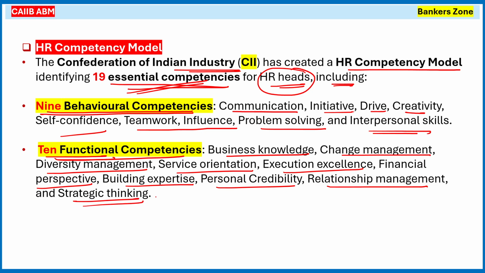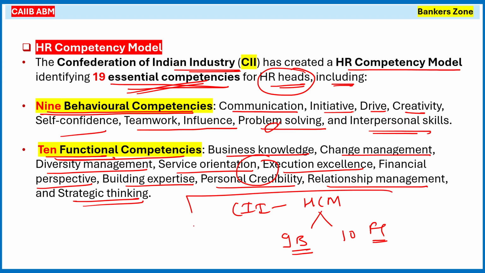I don't expect you to remember all this, but you should remember that CII has given the HR competency model, and in that model, 9 are about behavioral competency and 10 are about functional competency. At least you should remember this much. If they ask in the exam, you can easily judge which belongs to which category.